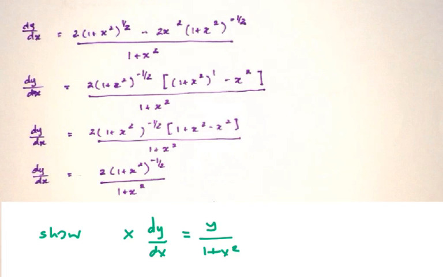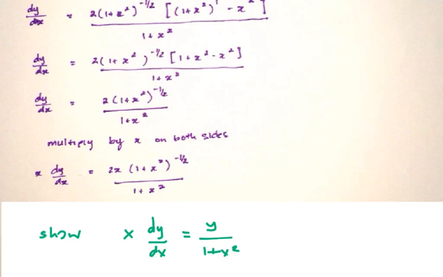So again, remember what we're trying to show. We're trying to show that x times dy/dx is equal to y over 1 + x². So far, we definitely have our denominator already, and we have that dy/dx term on the left hand side. So what we're trying to get now is to have our numerator look like y and somewhere have an x in the mix.